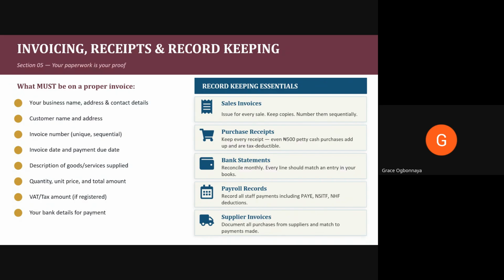The supplier invoice. Keep everything that your supplier gives to you, whether you buy on credit or cash. The invoice they give you needs to match the payments you are making. If the invoice says 250,000 naira, with a date there, what should leave that bank that day should be 250,000 naira.